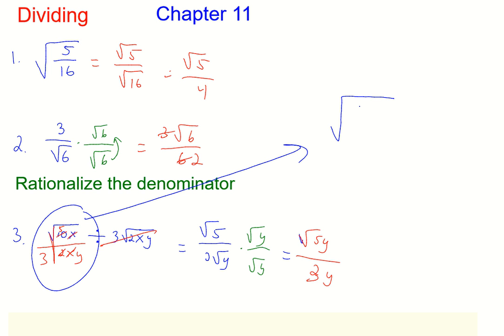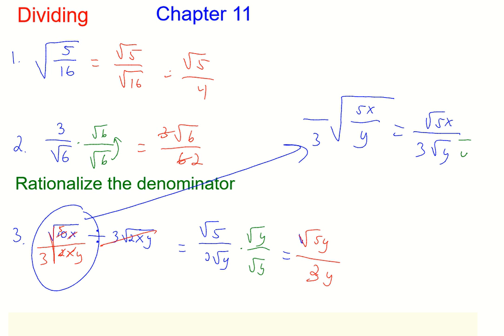I have a 5x here, I have a y here, and I really have a 3 there, right? So now I took the rule, and I have to split this back up. So the 3 is in the bottom, the square root of the 5x is on the top, and the square root of y is on the bottom when I split that back up.